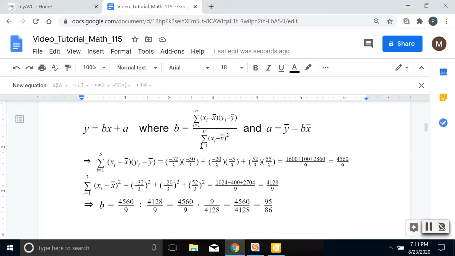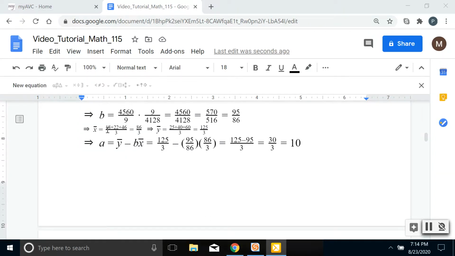Here's the regression line formula. We just found that b is 95 over 86. Let's find the a now. The a is going to be y bar minus b times x bar. Recalling, our x bar was 86 over 3, our y bar was 125 over 3, and we just found our b was 95 over 86.